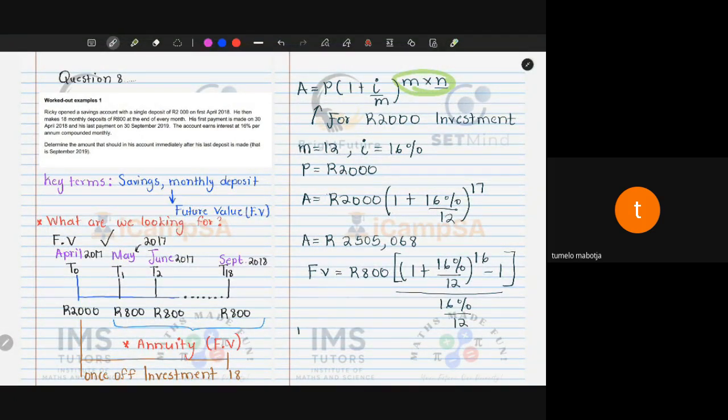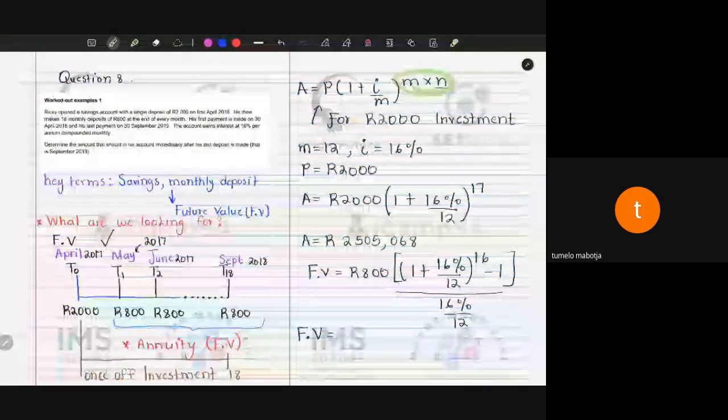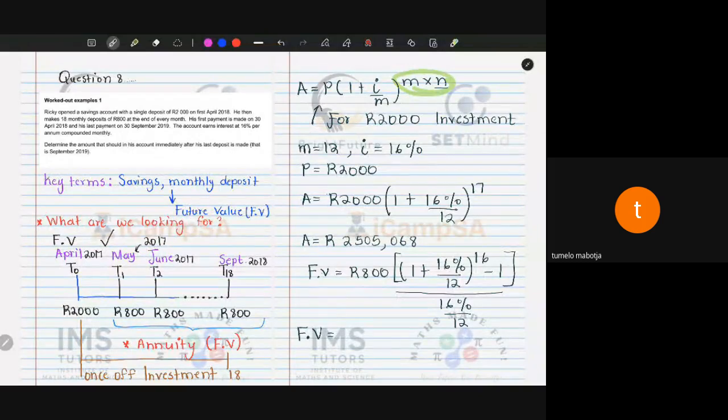What is our future value, guys? The amount which will be due to our annuity, what will it be? So this is September of 2019.